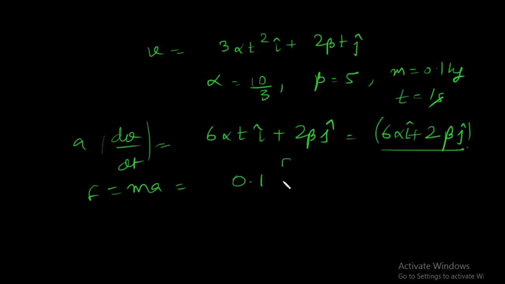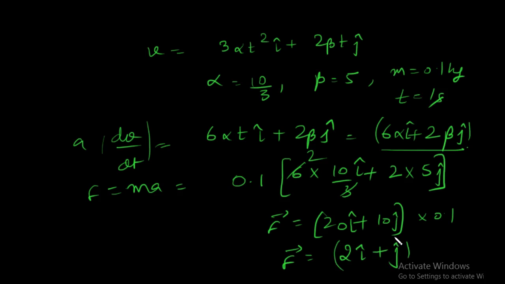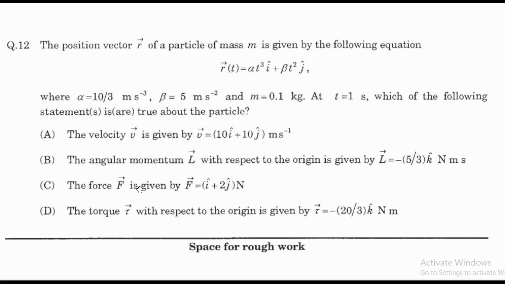Mass is 0.1, and 6 into alpha, which is 10 by 3, plus twice into 5: 3 into 2 the 6, 20 I plus 10 J, into 0.1. F equal to 2I plus J. This is the answer, 2I plus J. Here force is given as F equal to I plus J, so option C is wrong. Our answer is correct.